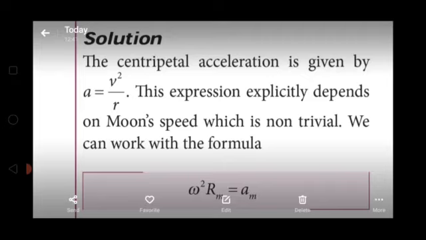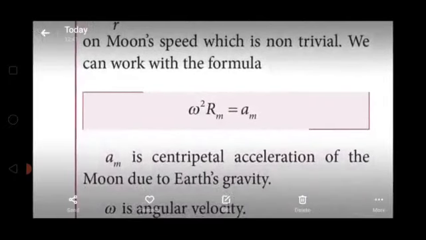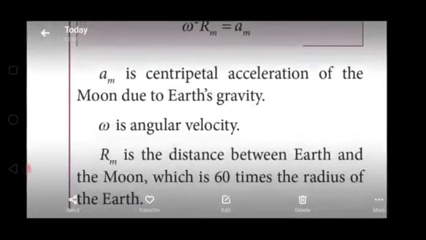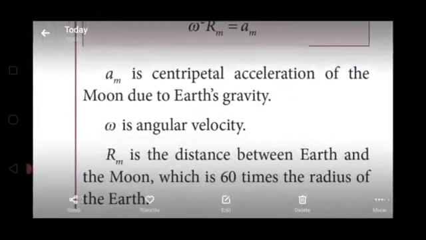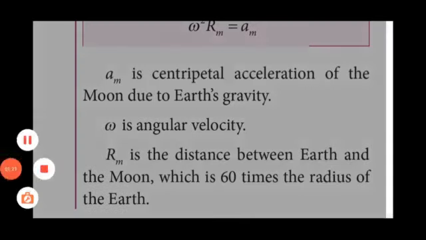So we can work with the formula omega square Rm equal to Am. Am is nothing but the centripetal acceleration of the moon due to the earth's gravity, omega is the angular velocity, and Rm is the distance between the earth and the moon, which is 60 times the radius of the earth.